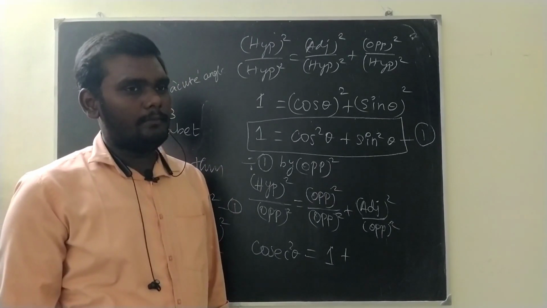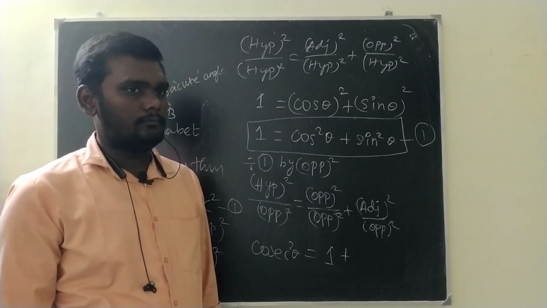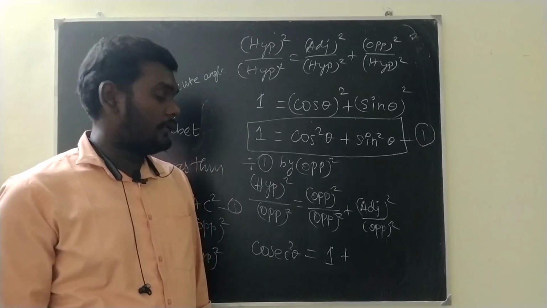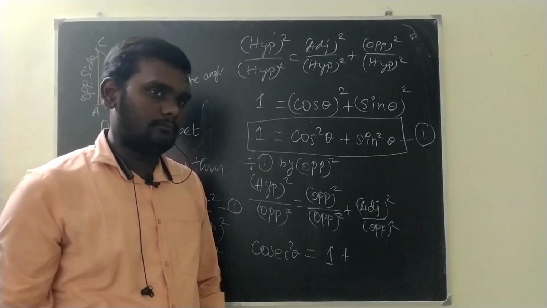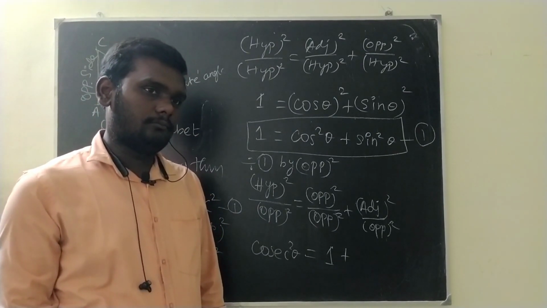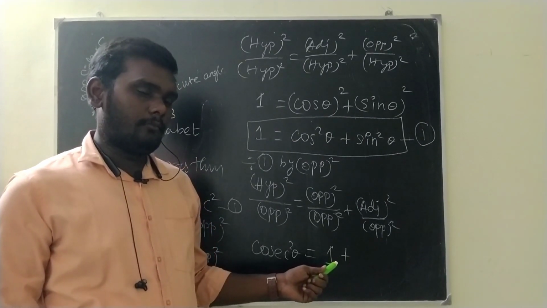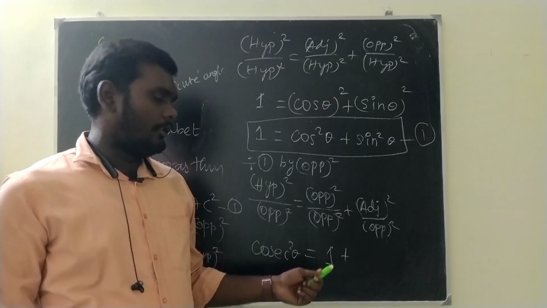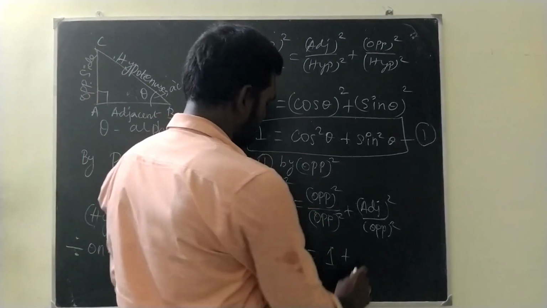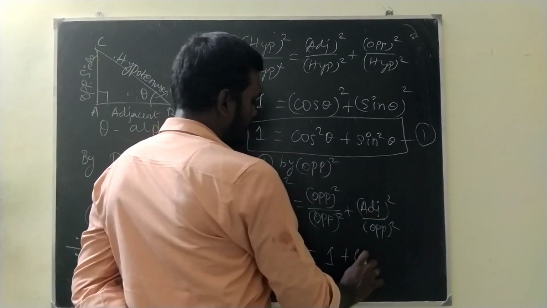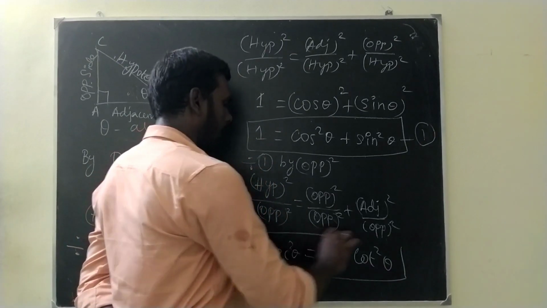No, it is not tan. Opposite by adjacent only is tan. That is wrong, change it. Opposite by adjacent only is tan. Okay, this is cot square theta and this is the second identity.